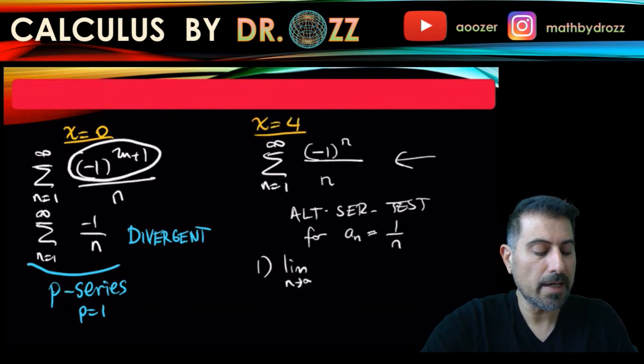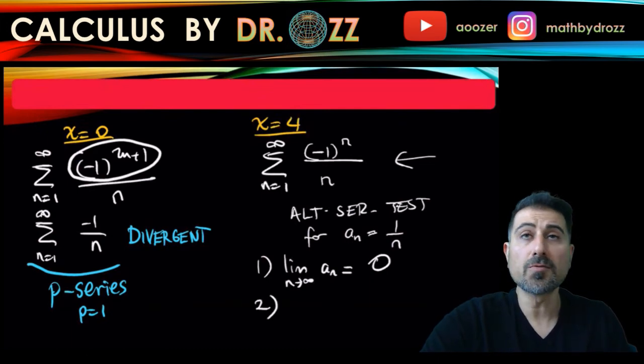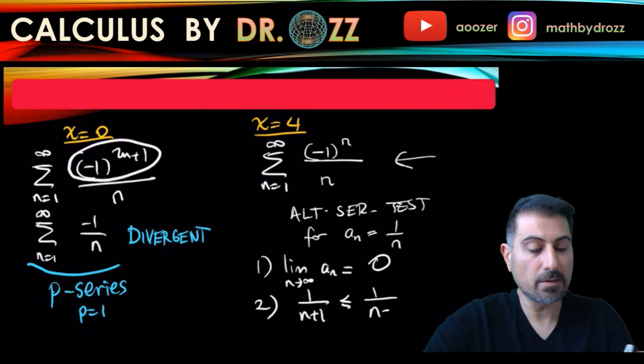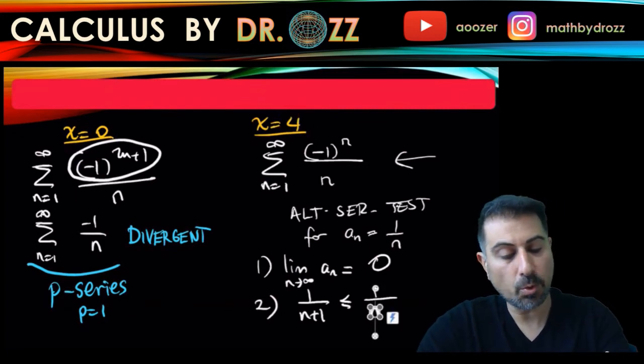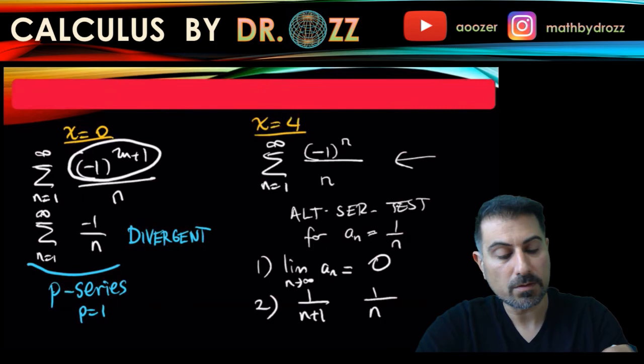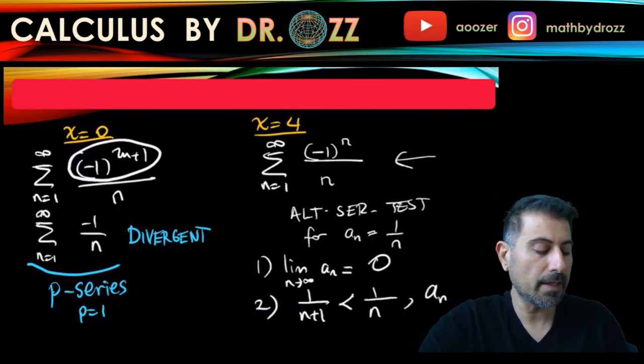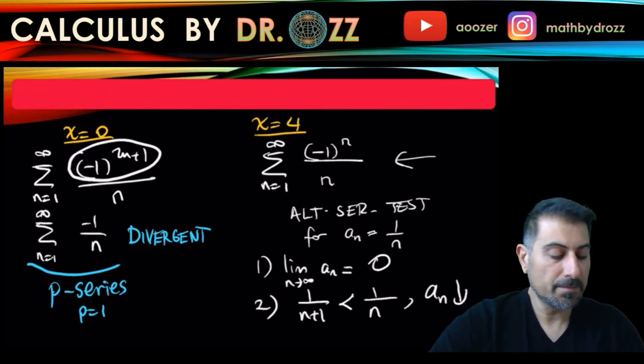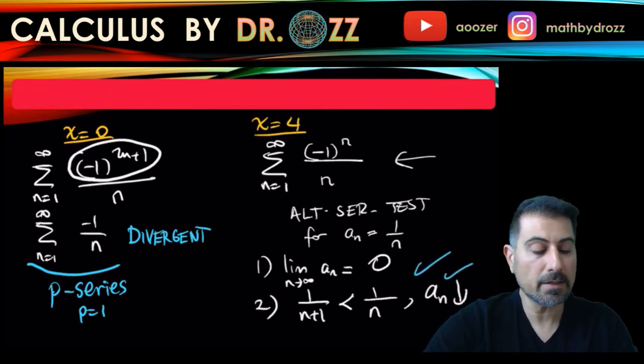The limit of a_n is supposed to be 0, which is the case, and a_(n+1) should be less than or equal to a_n, so a_n should be a decreasing sequence, but that's obvious. 1/(n+1) is always less than 1/n. You don't even need the equality sign here. That implies the a_n are decreasing. So two conditions are satisfied. I can go ahead and conclude that this case gives us convergence.